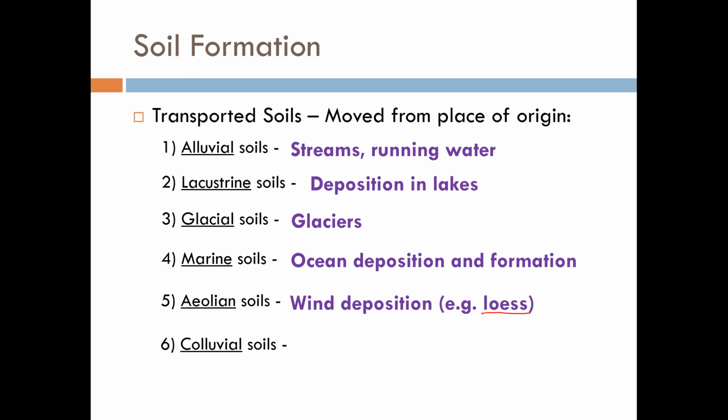They have a lot of this type of soil up north of us in Idaho, like around Pocatello, and this can be really problematic soil, and you have to deal with it in certain ways. And finally, colluvial soil. This is soil that is deposited or transported by landslides, rockfalls, gravity movement, those types of things.